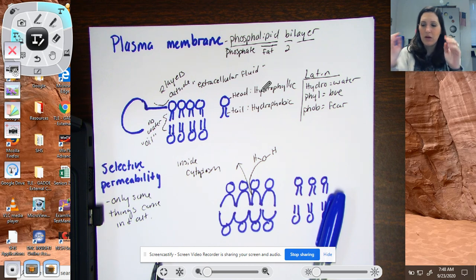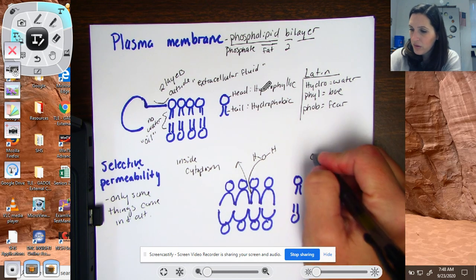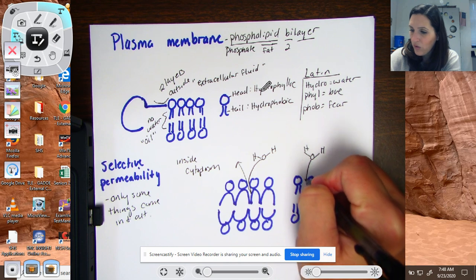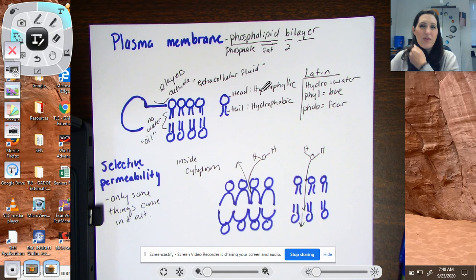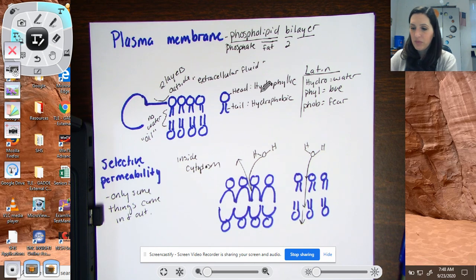So this way, the water can move all the way through, okay? And we're going to discover that this isn't the easiest way for water to move through. This is actually pretty slow. And we've got to move a lot of water in that cell. So this takes a little bit of time to move that water through the cell, okay?